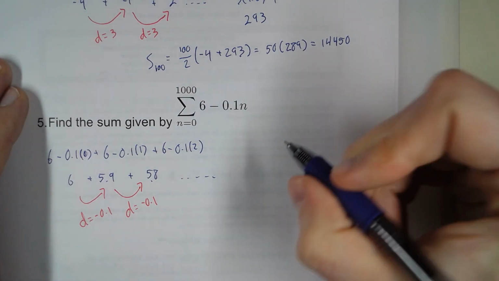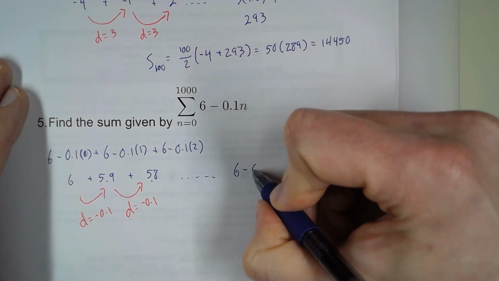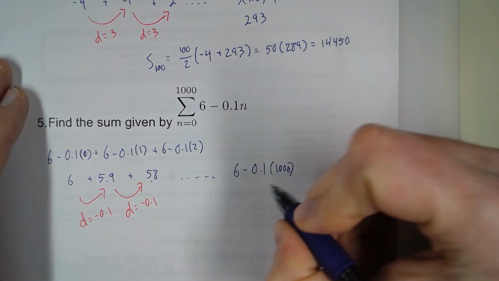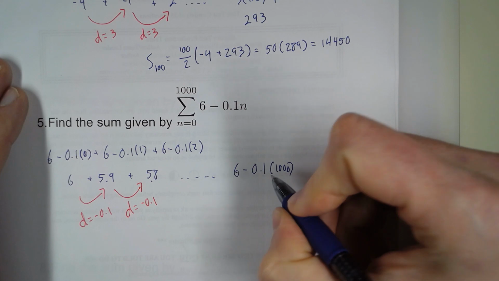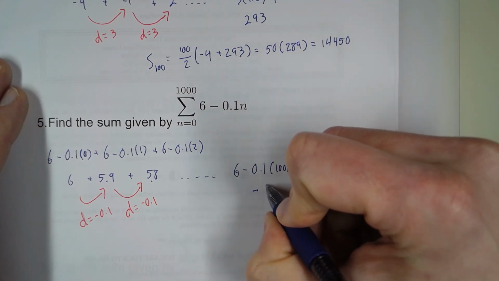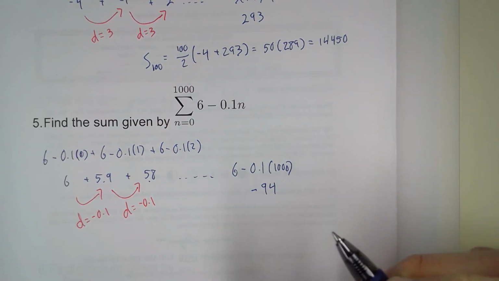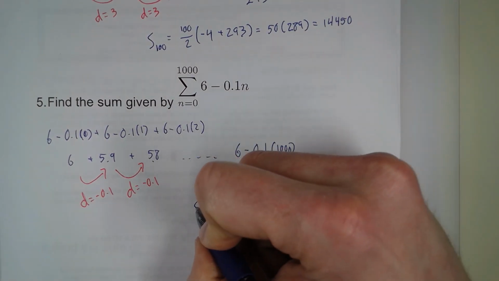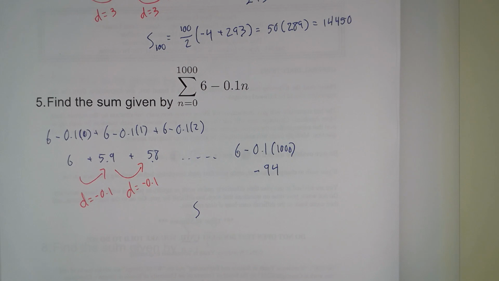So I'm going to need to plug in 1,000. So 6 minus 0.1 times 1,000. And so that's 6 minus 100. And I get negative 94. So now I want the sum of these terms.